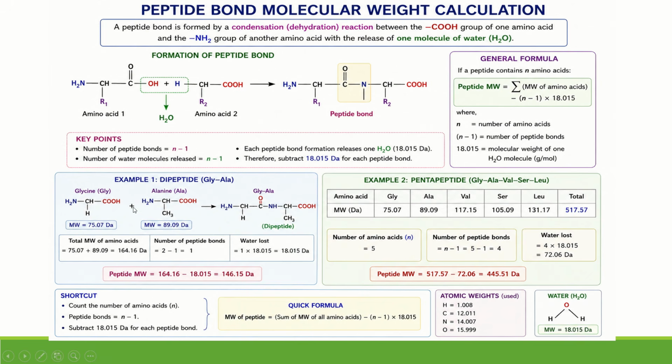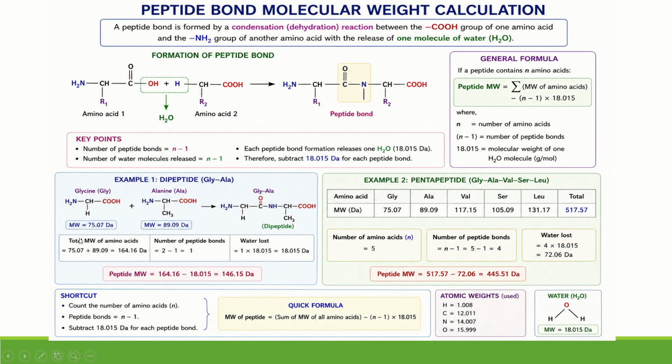And now, we will see two examples. First example is dipeptide, which is formed between glycine and alanine. So, glycine molecular weight is given 75.07 Daltons and alanine molecular weight is 89.09 Daltons, and it is a linear peptide, and these two are going to form dipeptide.